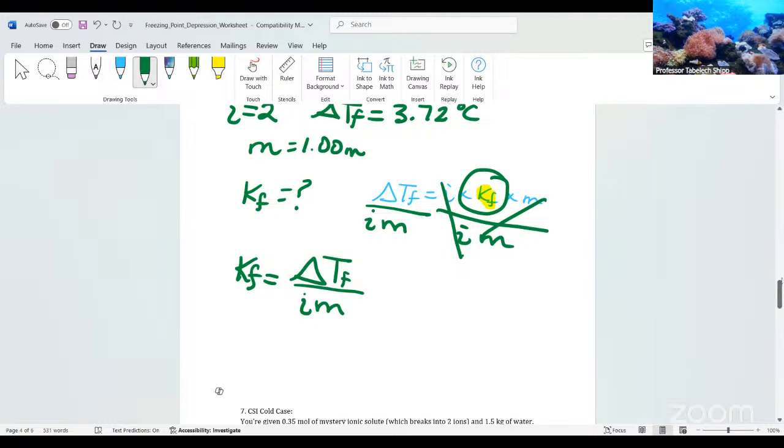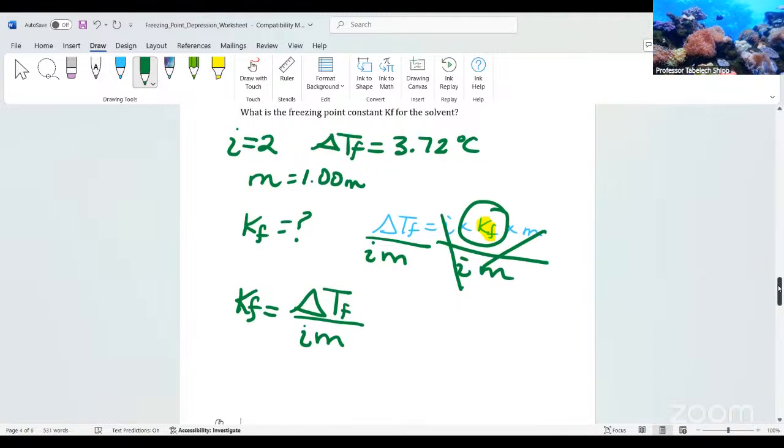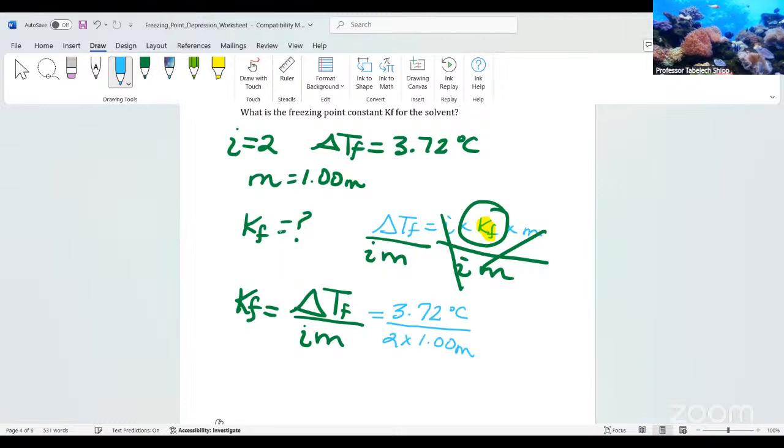Okay. Plug and chug. So in this example, let's go ahead and write in the numbers that we are working with. Our delta Tf is on the top, that's 3.72 degrees Celsius. Your i, they told you, had two ions, and your molality was 1.00. So what you're going to do here, again, 3.72 degrees Celsius divided by 2 times 1.00, which is 2 molality.